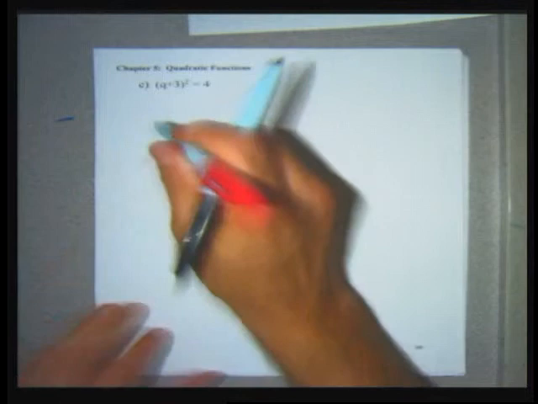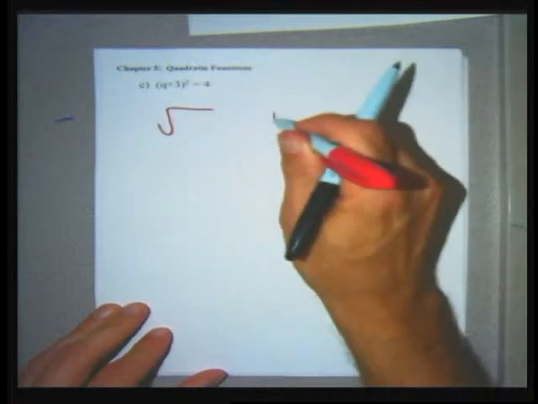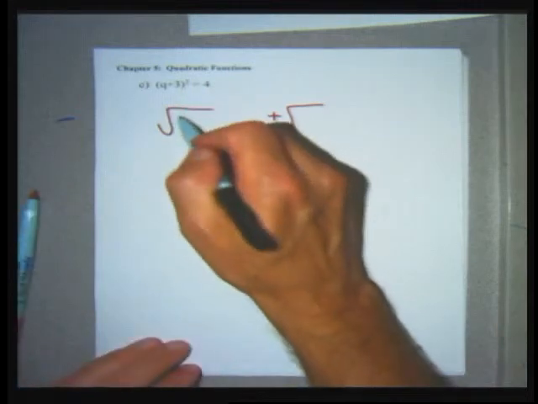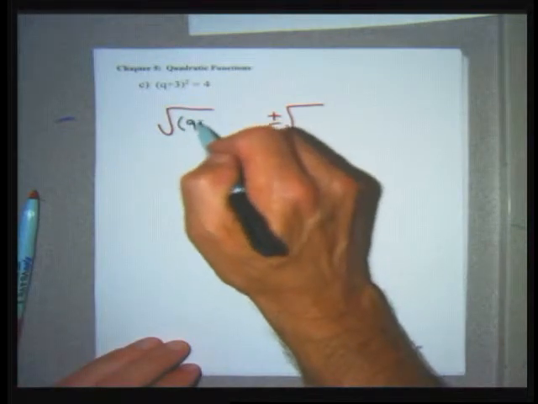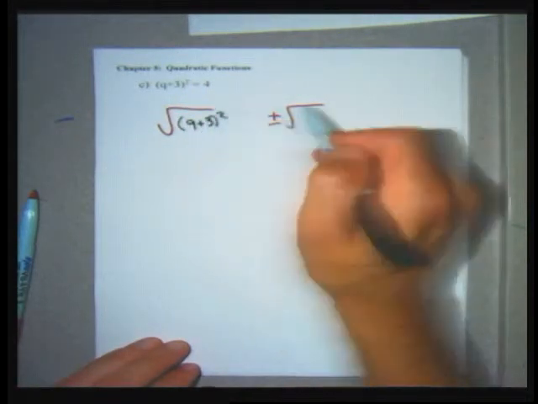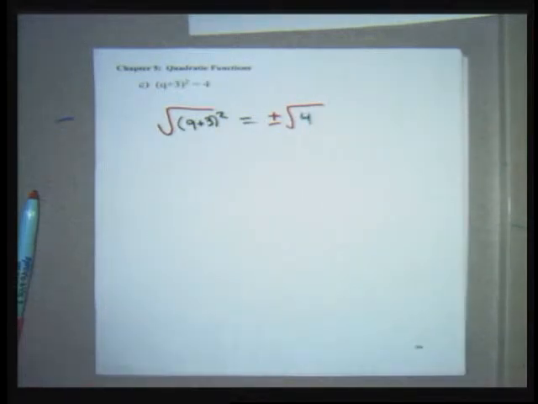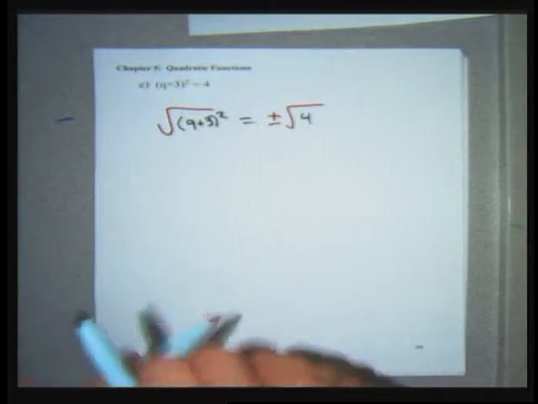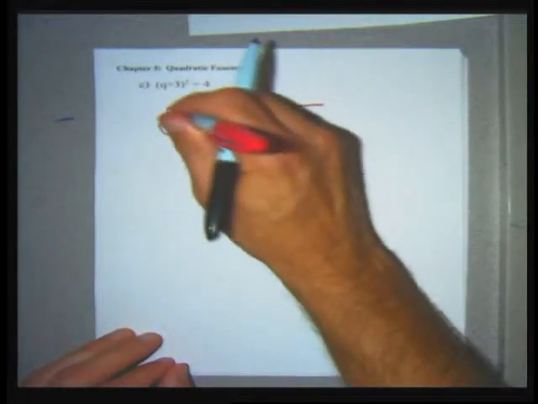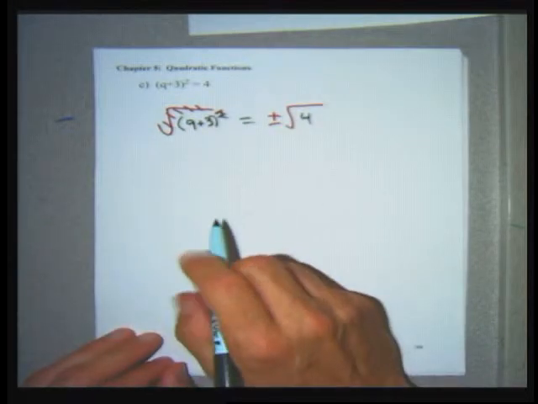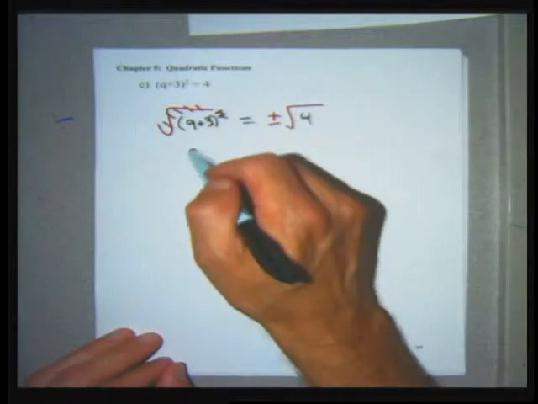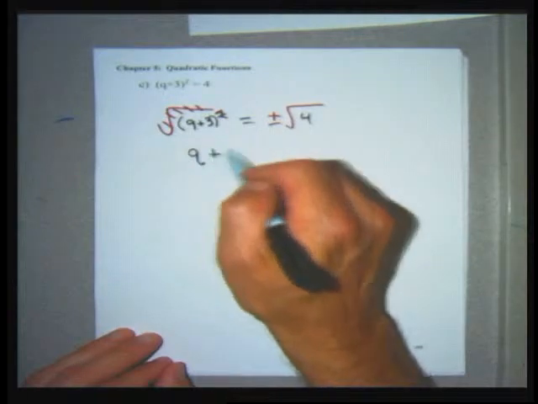Part C, still I'm going to go square root, plus or minus square root, and this one's ready for that because the whole left side is being squared. So I square rooted plus or minus square root. On the left side, the square rooting is going to cancel out the exponent of 2. It'll just leave me with the parentheses without an exponent, so then I won't need the parentheses anymore.